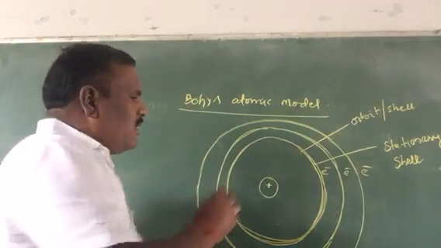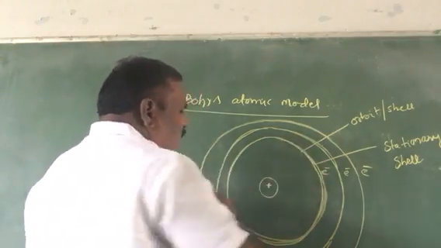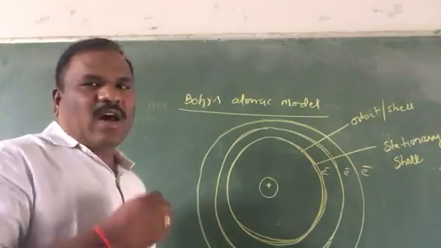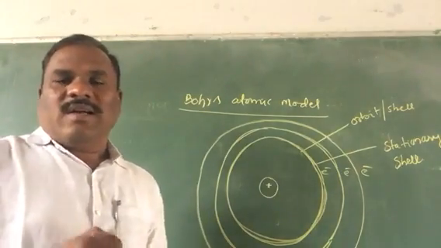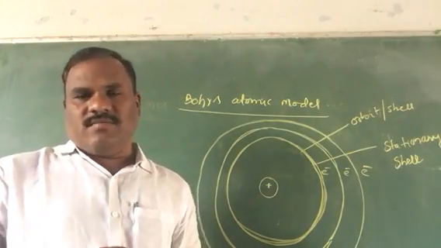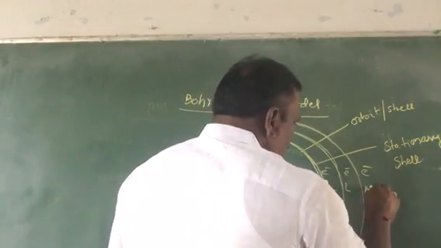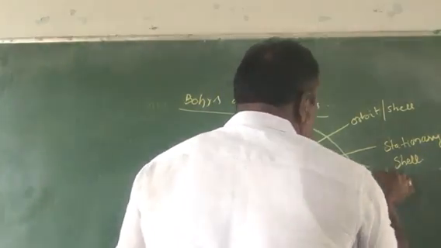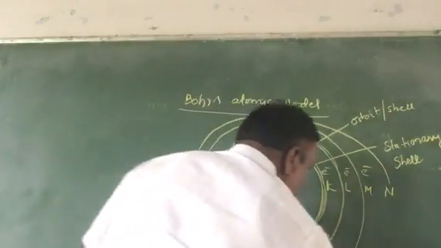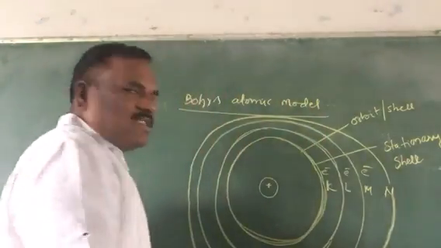Each and every stationary orbit or shell is designated by particular symbols. They are K, L, M and N. K, L, M, N are the stationary shells.